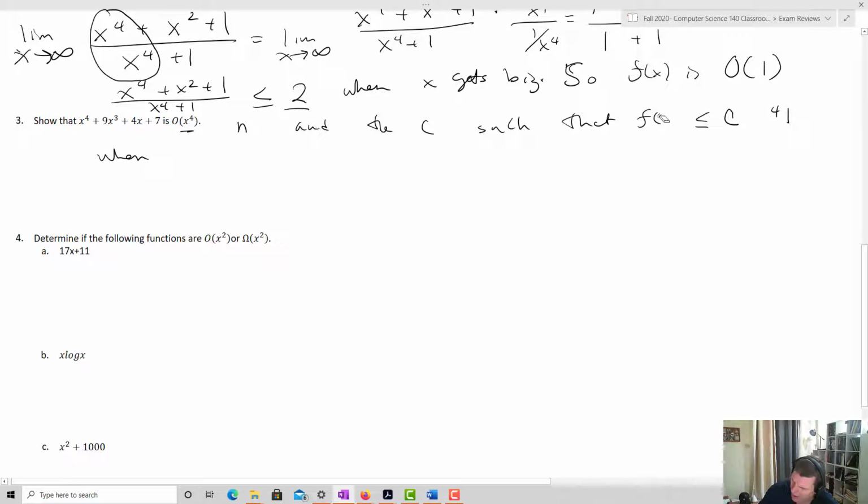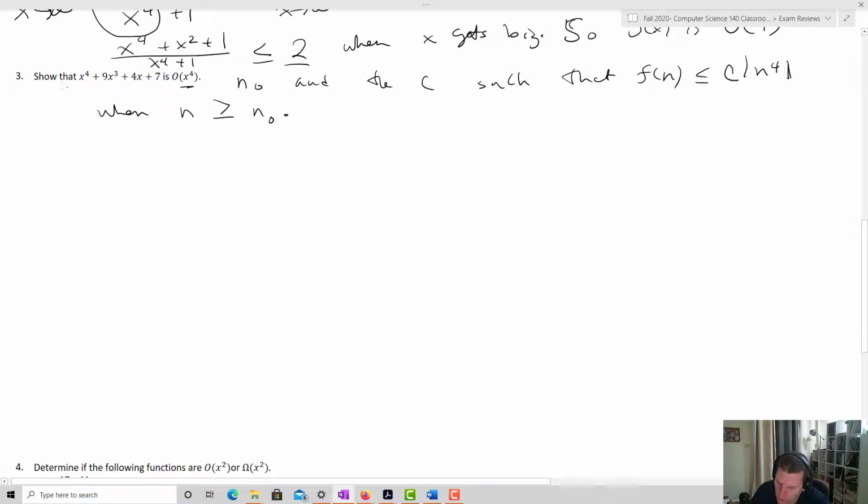So f of n is less than or equal to c times n to the fourth when n is greater than or equal to some value n naught. So we just have to figure out what those two values are.